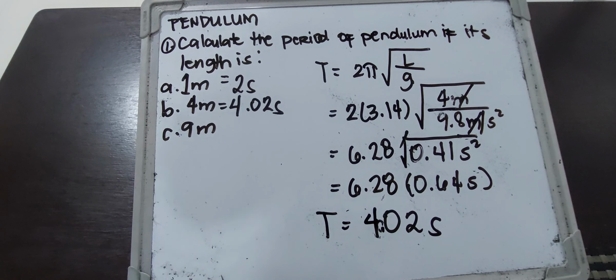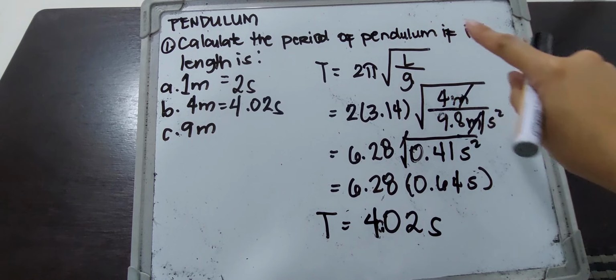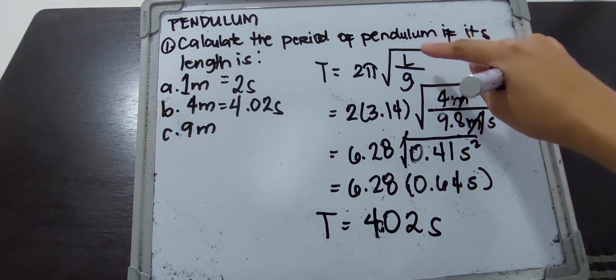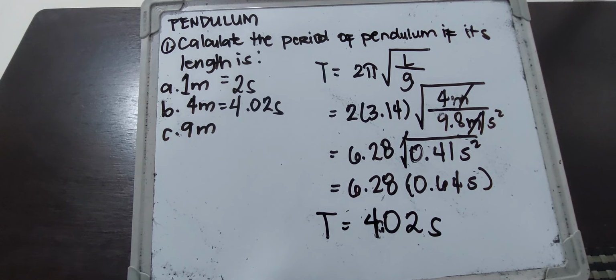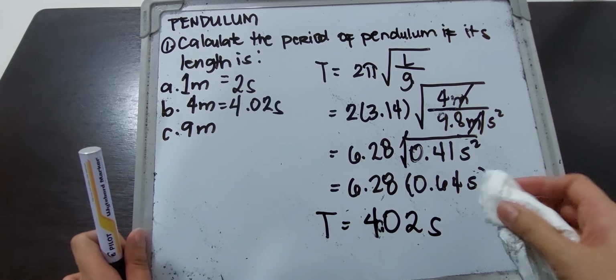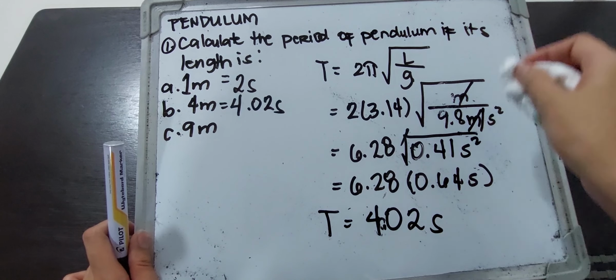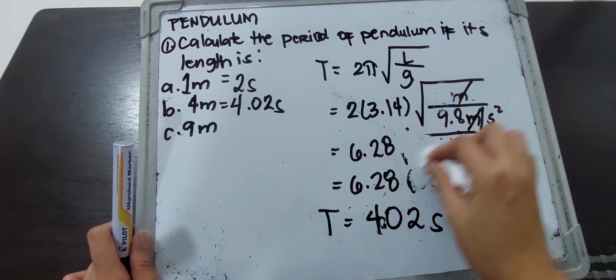Alright? So, it's up to you kung wala namang ibang diyang hahanapin. Given naman na yung length. So, if ito ang hahanapin, you must derive a formula. So, next, just erase this.